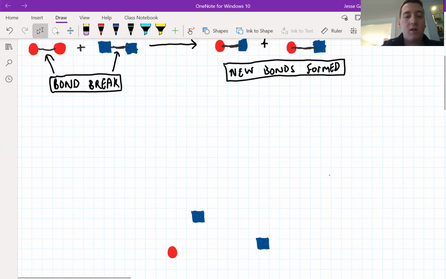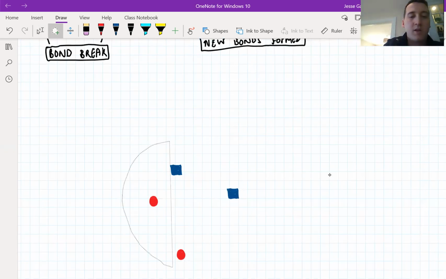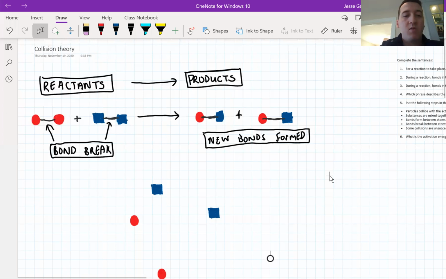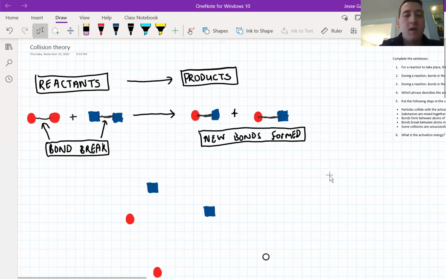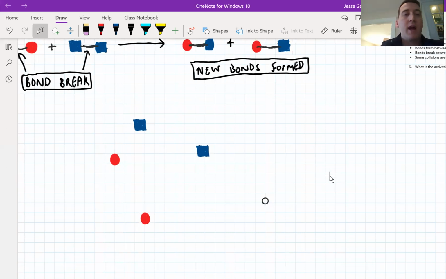Now, if we take a look down here, we've got our 4 atoms which are separated. As you can hopefully tell, these are just the reactants and we have broken the bonds. So once we break the bonds, how are we going to get them to react?